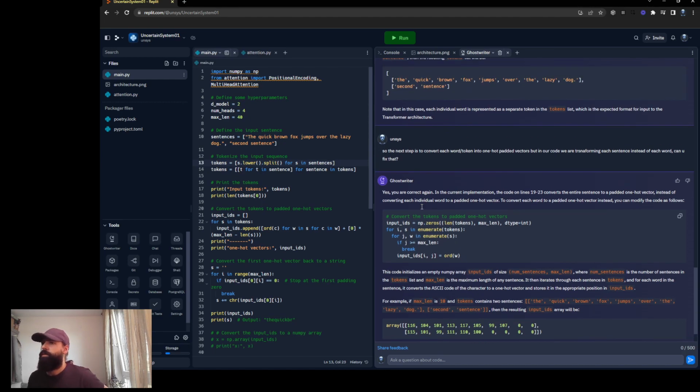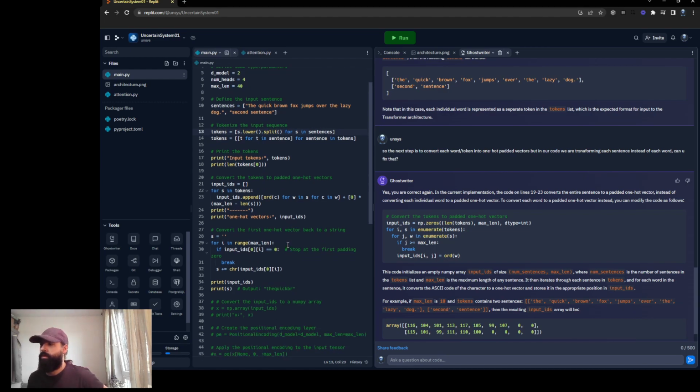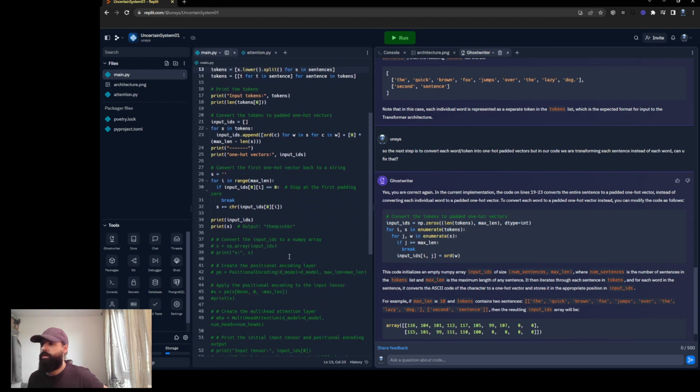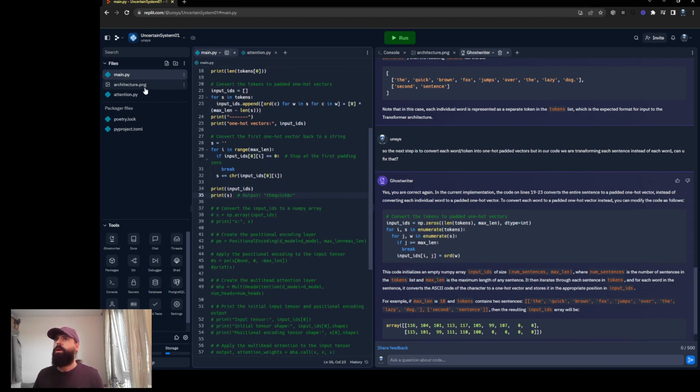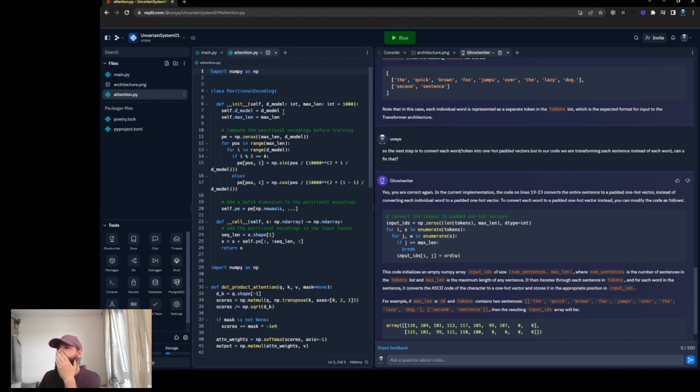So maybe that's what the positional encoding is supposed to do. So maybe that's fine. Maybe I'm just stupidly confused. Because what positional encoding does is, this is when it's adding the D model.